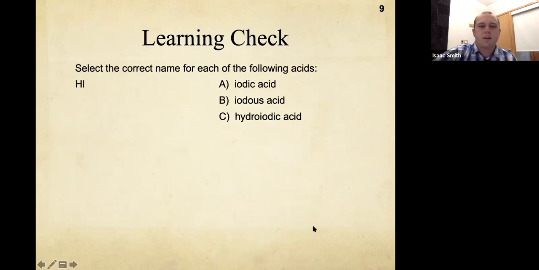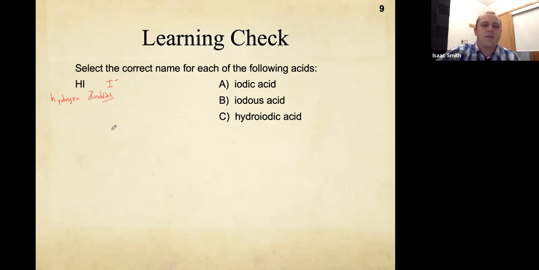Okay, all right, let's go ahead and try some of these out. If you want, you can pause the video and try these before I give you the answer. The first one here is HI. You isolate the anion part, which would be I minus. If you named this as a covalent compound, it would be hydrogen iodide.